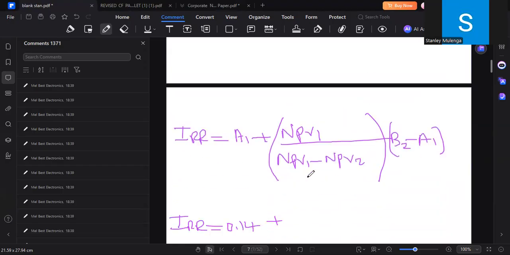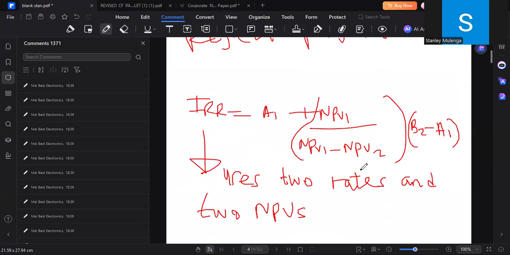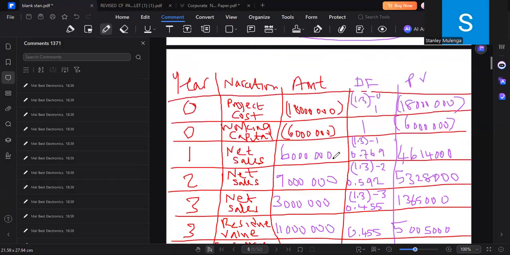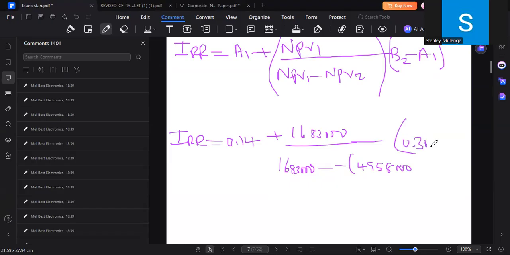So this one was 1,683,000 NPV. So this is 1,683,000 over 1,683,000 minus 4,958,000. Then 0.30 minus 0.14.